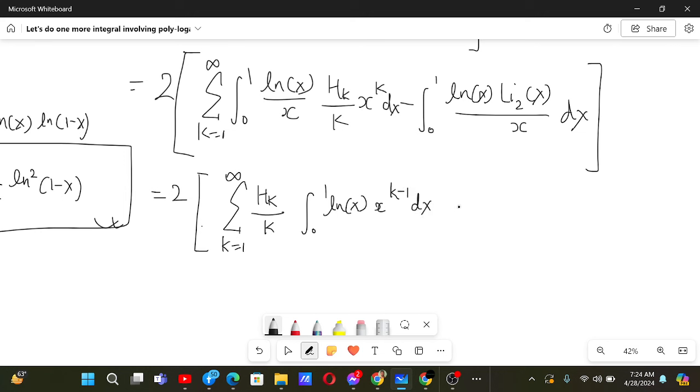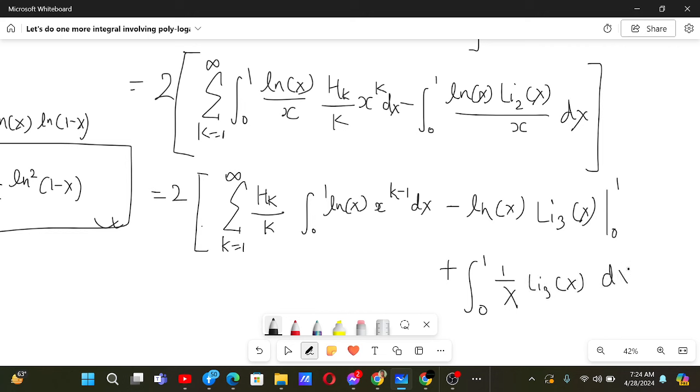Minus, now for this one we need to use integration by parts. Let ln x be our u and this other expression our dv. So we have ln x, and the integral of this thing will be Li3(x), from 0 to 1. Here is a minus sign, but minus minus makes it plus, and then the integral from 0 to 1, the derivative of ln x is 1 by x, and the other's integral is Li3(x), with dx as well.